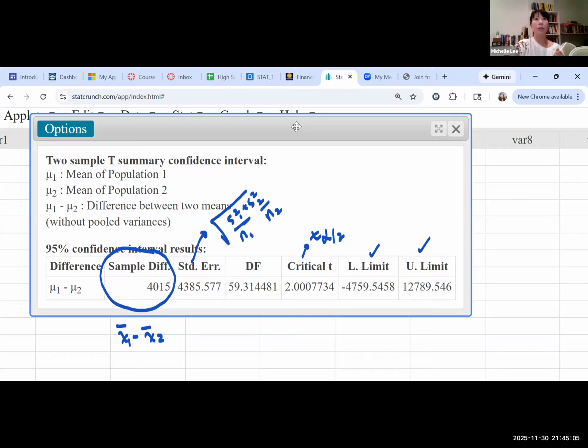What's the degree of freedom? So that's 29. 29 plus 30, 32.